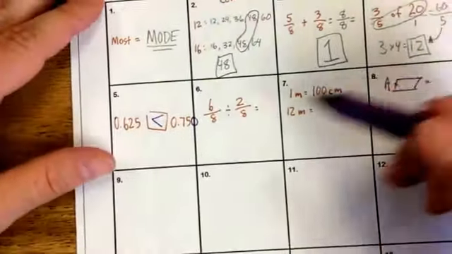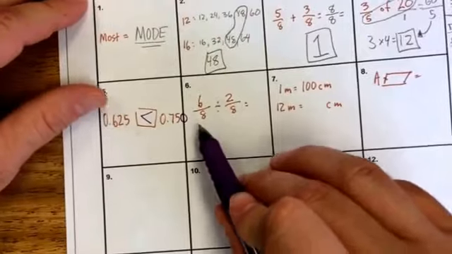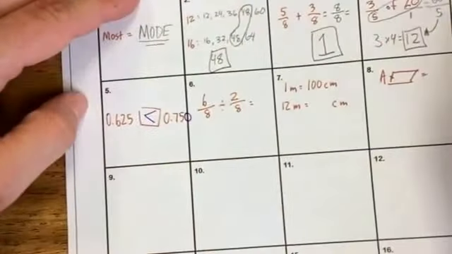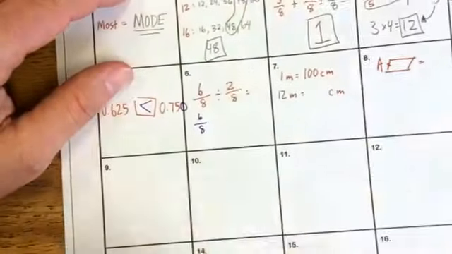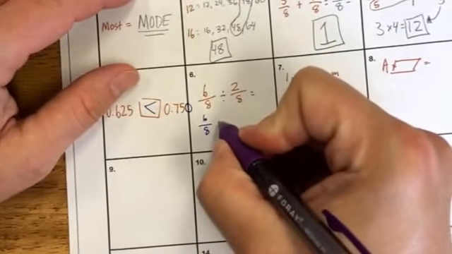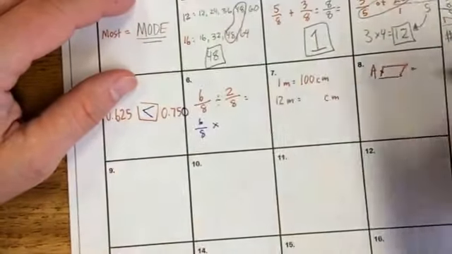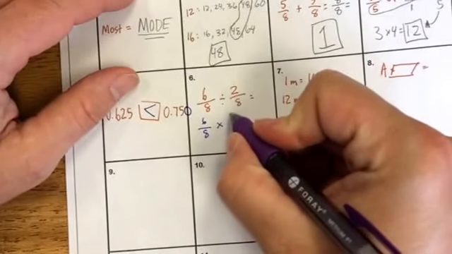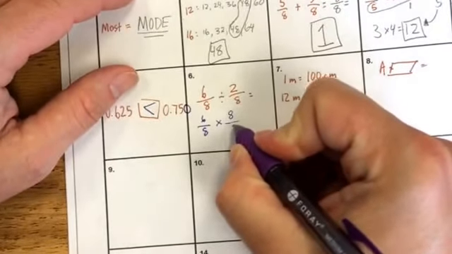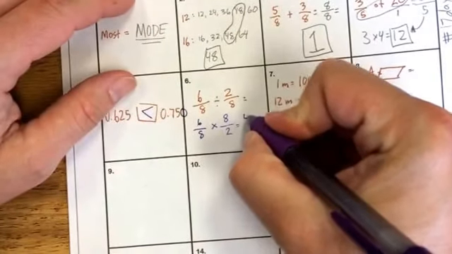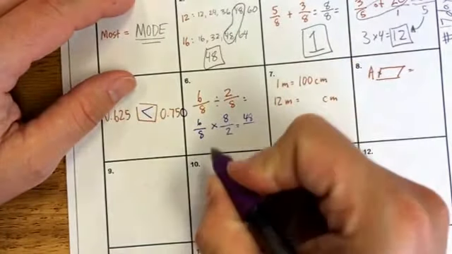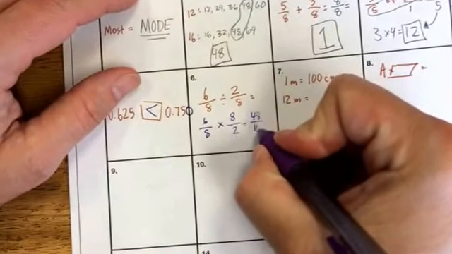All right. Problem number 6, we need to take a look at 6/8 divided by 2/8. Well, when you're dividing fractions, all you do is keep the first fraction the same, 6/8. We change our division symbol to a multiplication symbol, and then we flip our second fraction. So that becomes 8/2. Now we do 6 times 8, we get 48. And then we do 8 times 2, and we get 16.